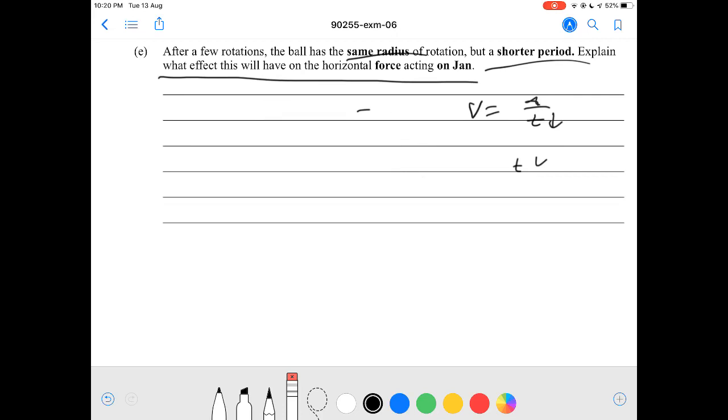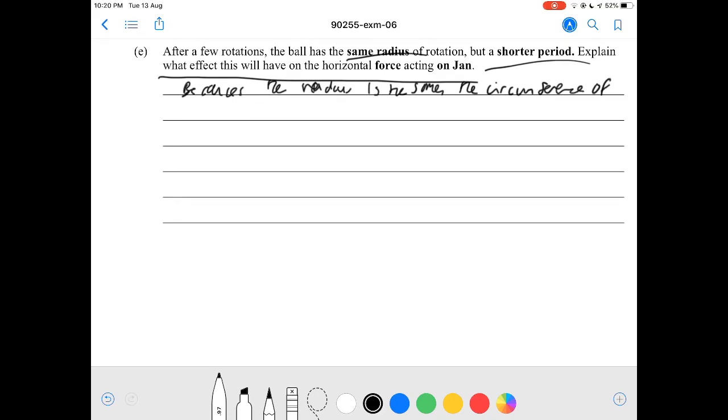So we're going to say, starting off with describing the circumference of the circle, because the radius is the same, the circumference of the circle will also be the same.